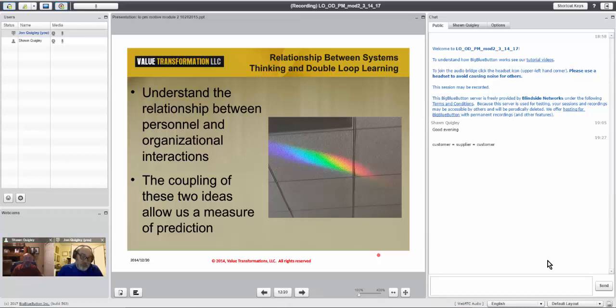Yes, and if you have the group work set, customer, supplier, customer, that we've talked about several times already, that will help you keep that systems thinking closer to a target. And each organization will be different. You may be able to have 10 people or 10 groups, customer, supplier, customer, or you may only be able to have the 3.